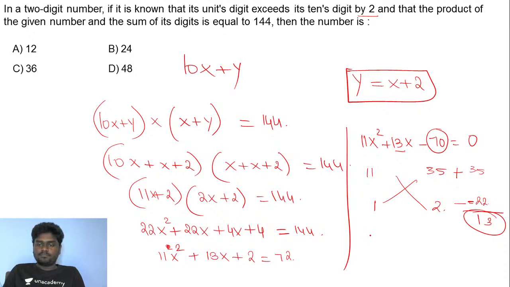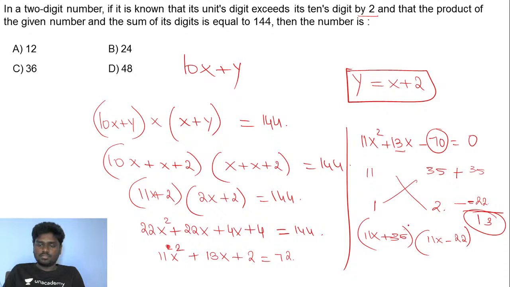So it's going to be 11x plus 35 into 11x minus 22.